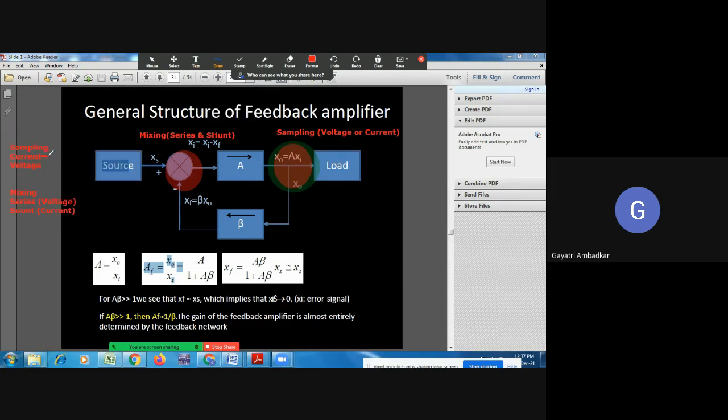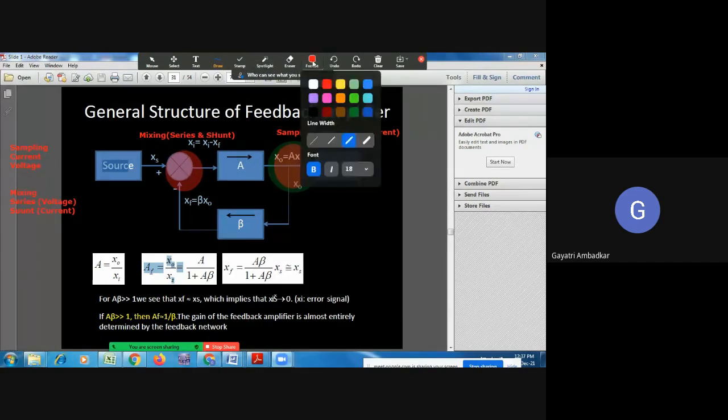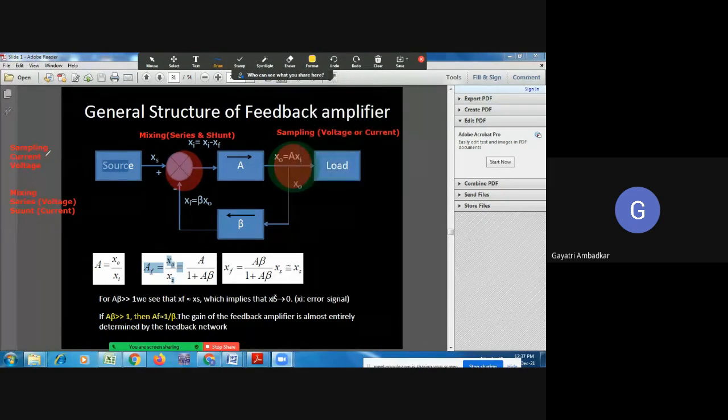Okay, now what I'll do, I'll sample current. In the mixing method, I will prefer series. Then I can sample current and I can mix in series. Again I can sample voltage and I can mix it in series.